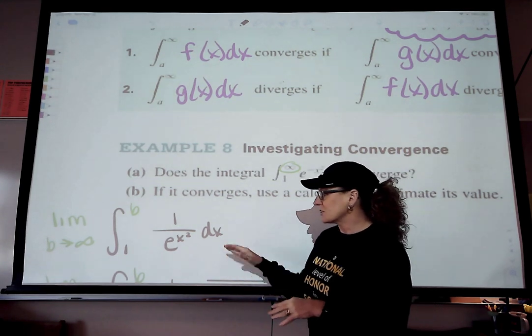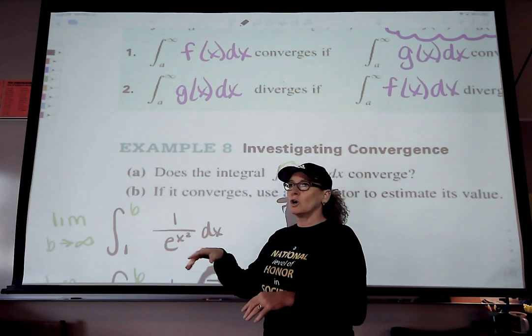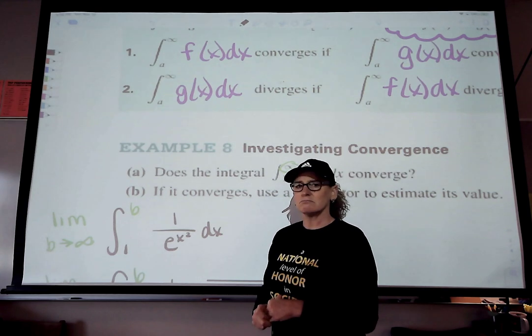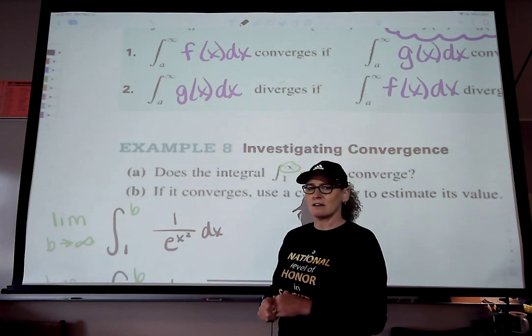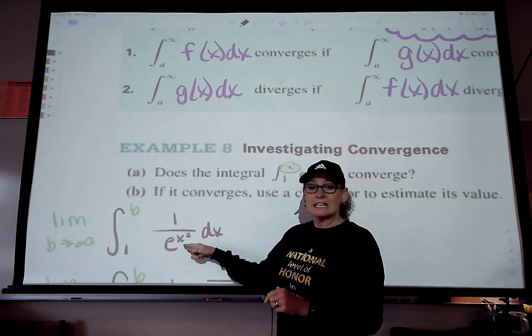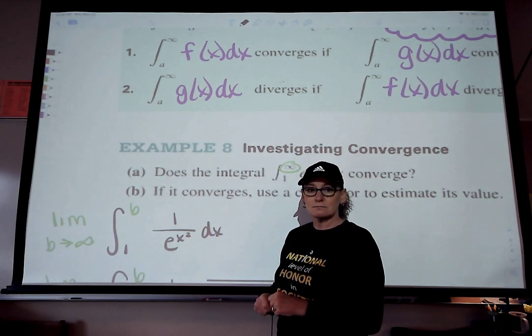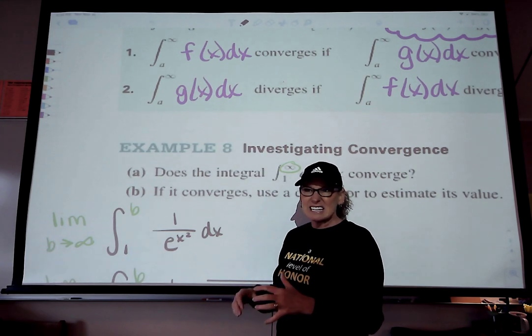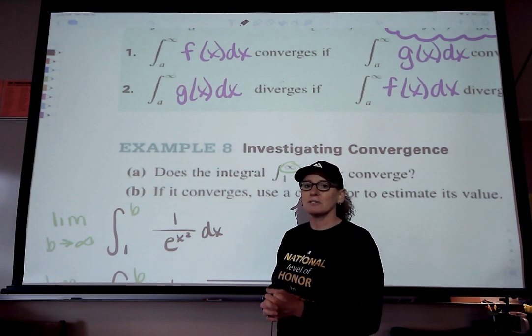Can you think of a function that looks super similar to this, where you're like, oh yeah, I can do an antiderivative on that? I think 1 over e to the x. It's the same as e to the negative x. You can do an antiderivative on that.